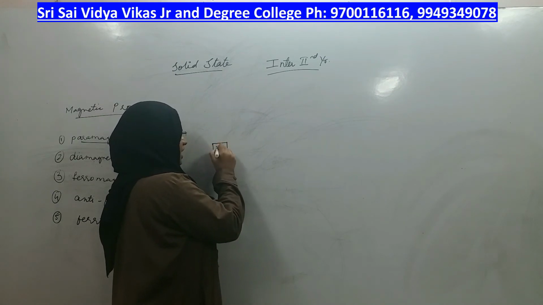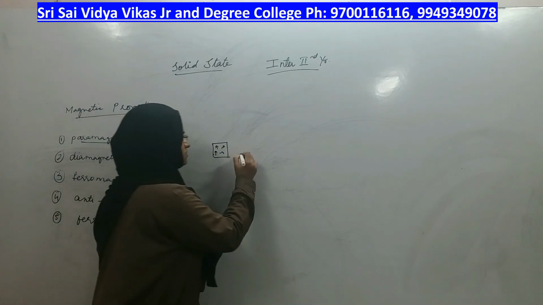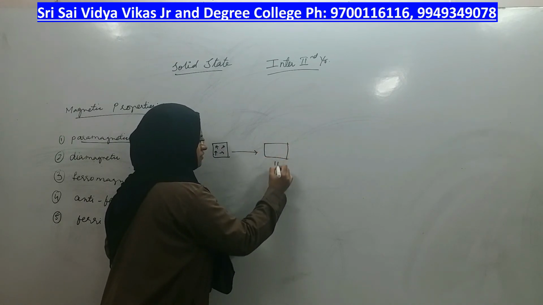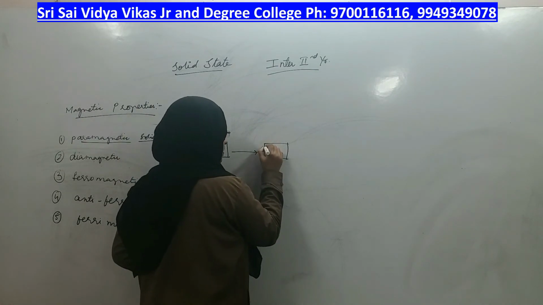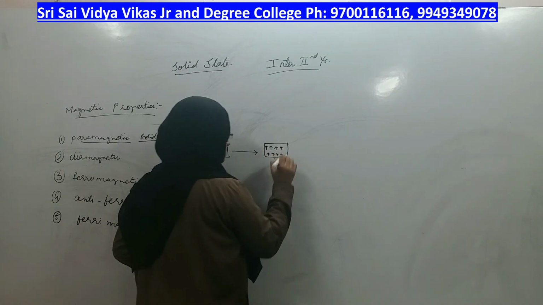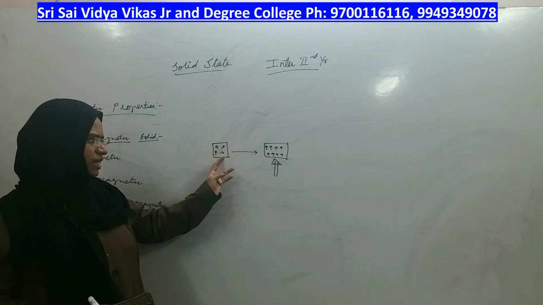They were randomly arranged. But as soon as the magnetic field was applied, they start getting aligned along the magnetic field. If you remove the magnetic field, they will again become a random arrangement.